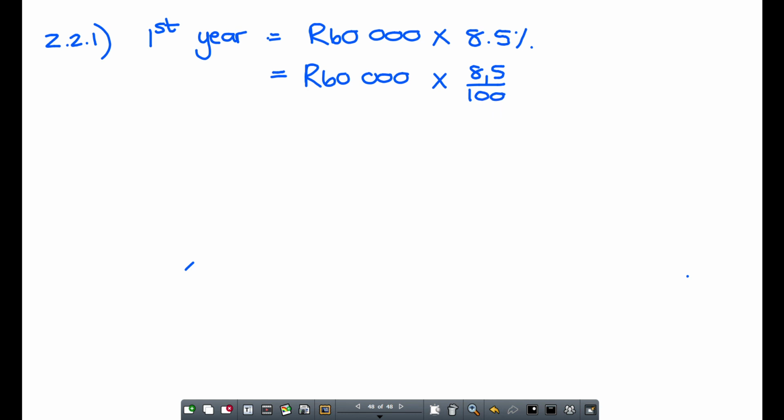Nee, dis dieselfde. So of jy nou die eerste reeltjie of die tweede reeltjie geskryf het, dis dieselfde ding. Goed, so that is going to give you 5,100. Okay, 5,100 is die hoeveelheid rente wat sy betaal net in die eerste jaar.